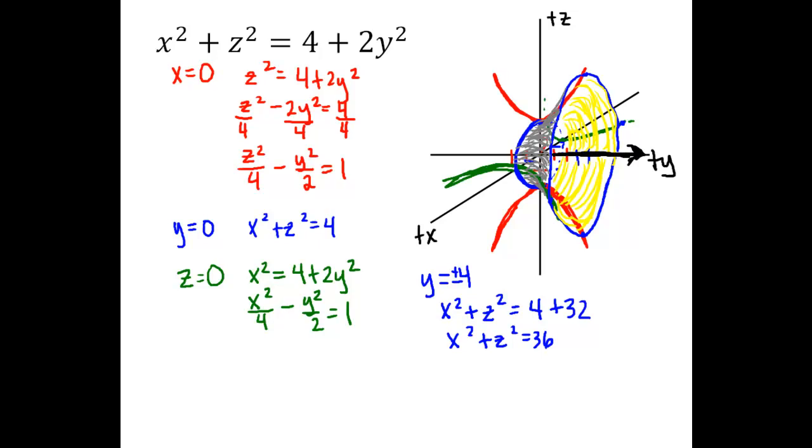Okay, and then a similar thing in the negative y direction. So I'm going to go back here to y equals -4, and then from there I'm going to go 6 and -6 in the x direction. That green hyperbola that I drew on the back there, looks like I didn't quite draw that far enough. And up and down 6, and again my red hyperbola doesn't quite line up with where I would like it to.